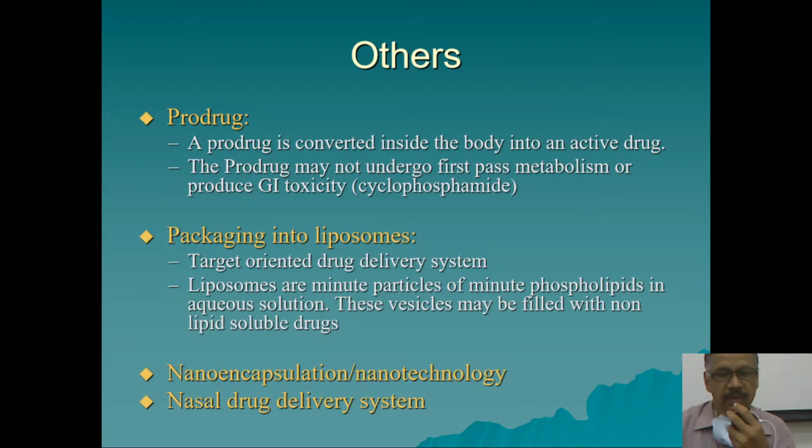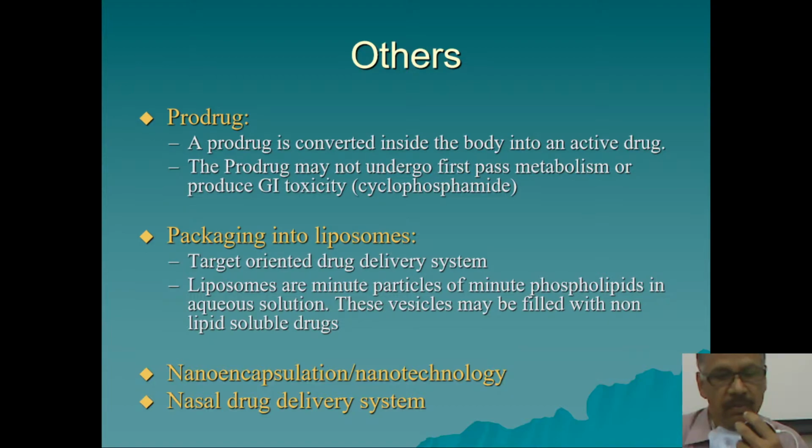So a lesser amount of drug is required and it is targeted, but from the pharmacoeconomic point of view, they are very costly medicines. The other technology is known as nano-encapsulation or nanotechnology, in which a smaller amount of drug is administered in nano form at the target site.